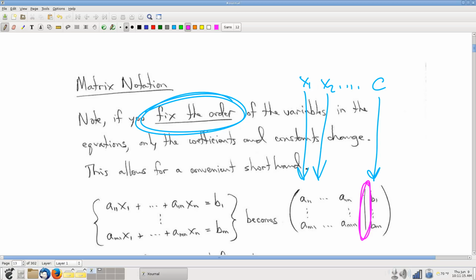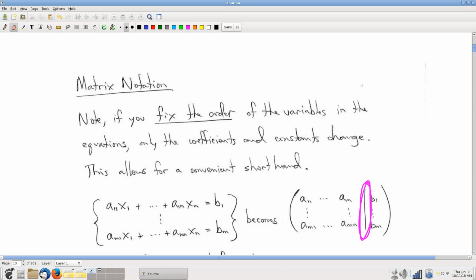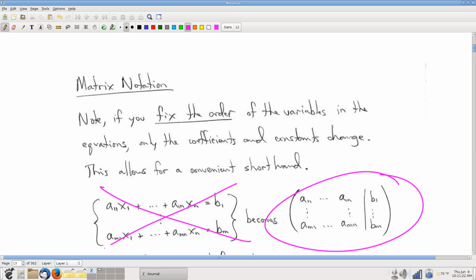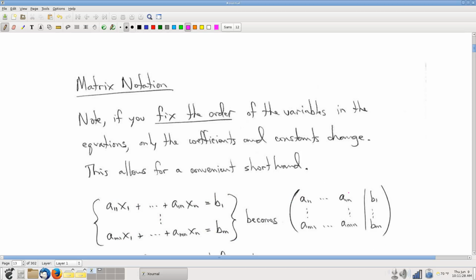But once you've fixed those choices, you only have to write down that instead of that. Now, it's just going to save you a little bit of pencil lead or ink, or time if you're writing on a tablet, but it is convenient. Now, it's going to turn out that there are much better reasons than convenience to make this shorthand. But at the moment, I'm just going to sell it as convenient.